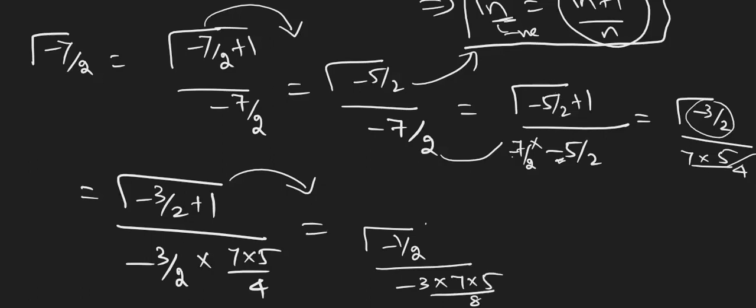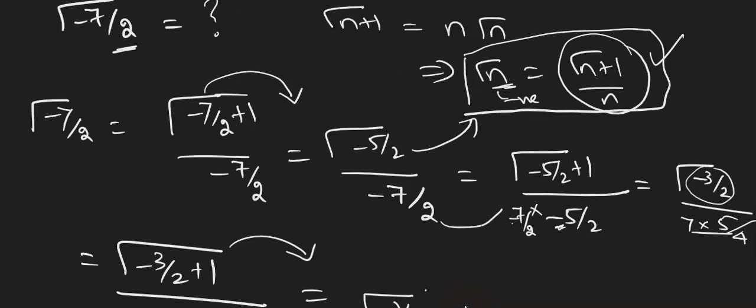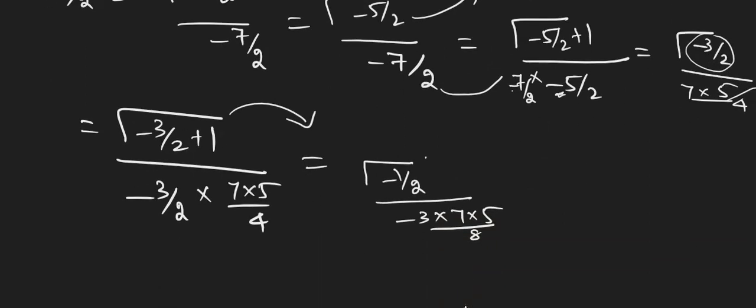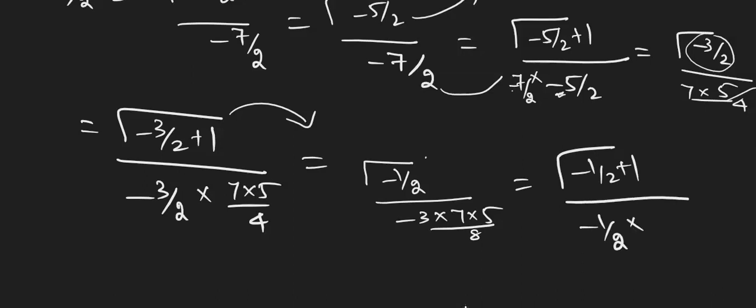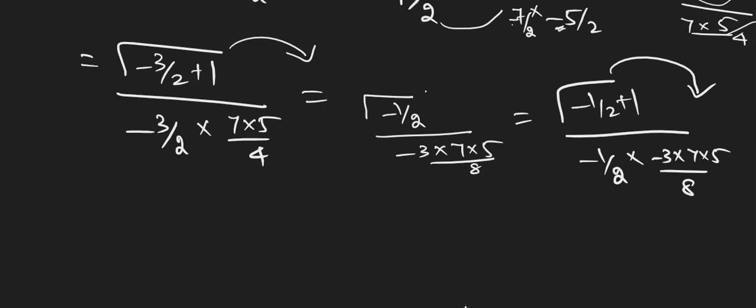Again we are using the same formula. In the place of n we have now minus 1 by 2. So gamma of minus 1 by 2 plus 1 by minus 1 by 2. Already we have minus 3 into 7 into 5 by 8. Finally, what is this value? It becomes plus gamma of 1 by 2.